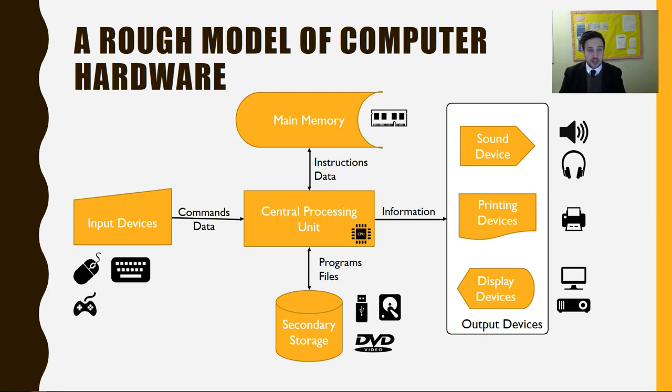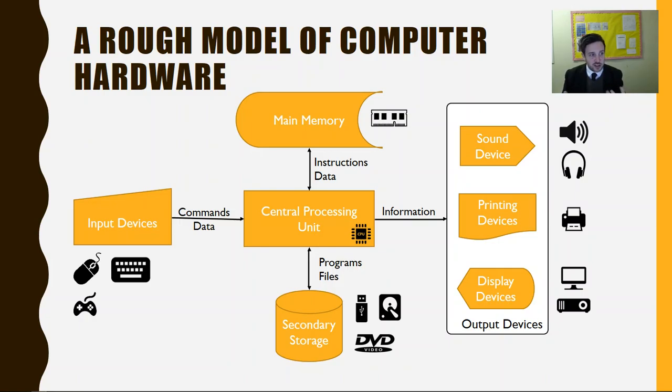Okay, so let's get a little bit technical. What you see on the screen now is called the 5-box model. The 5-box model has effectively got 5 boxes in it, clues in the name. Within that, we've got 5 separate components that make up the standard kind of computer hardware, and most things fit into this classification. Starting off, we've got the input devices, things like mice and keyboards and maybe even microphones.